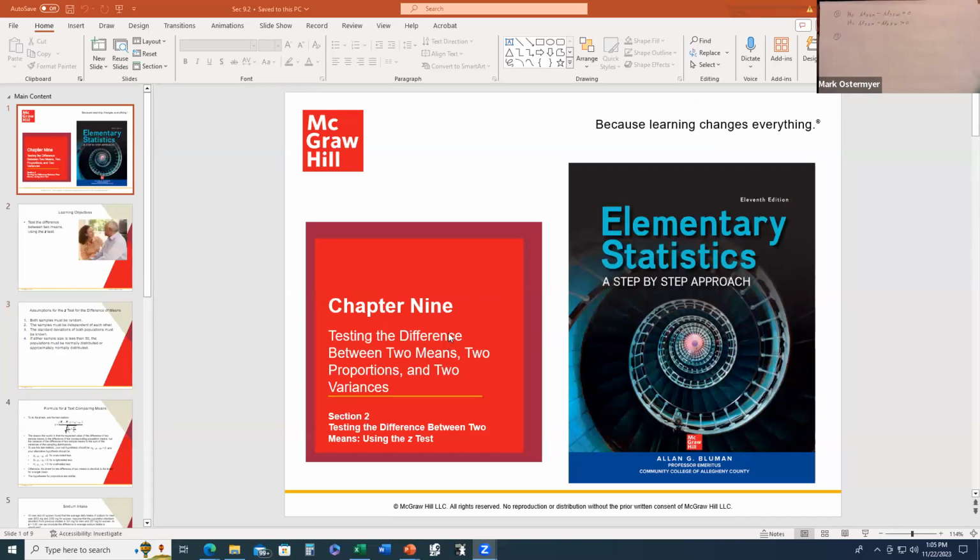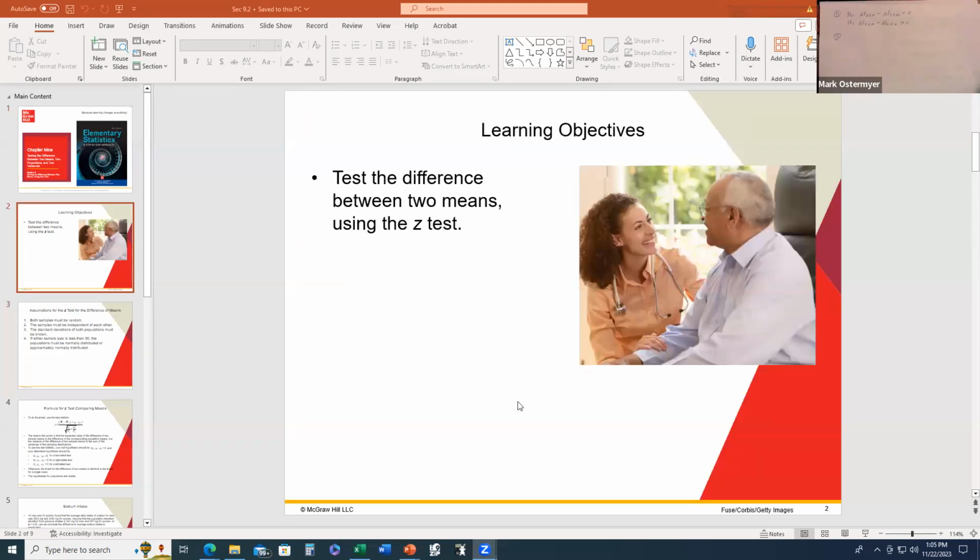So section 9.2 is going to be testing the difference between two means using a z-test. Okay. And hopefully by the time we get done with this section, we'll be able to conduct that test for the difference between the two unknown population means, conducting a z-test.